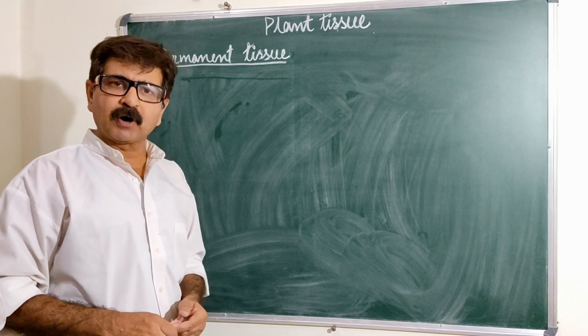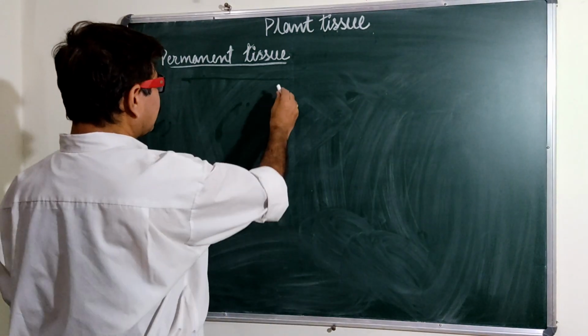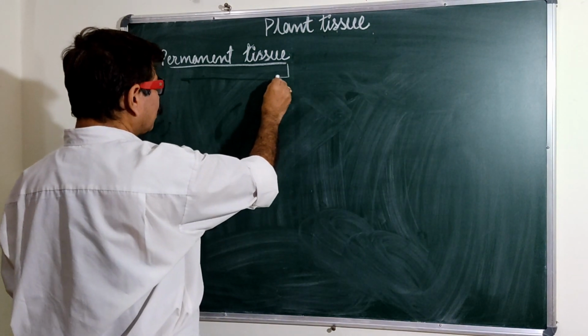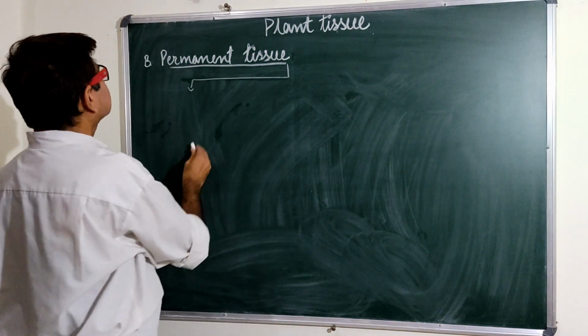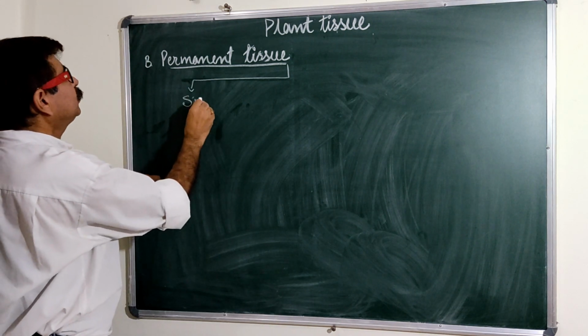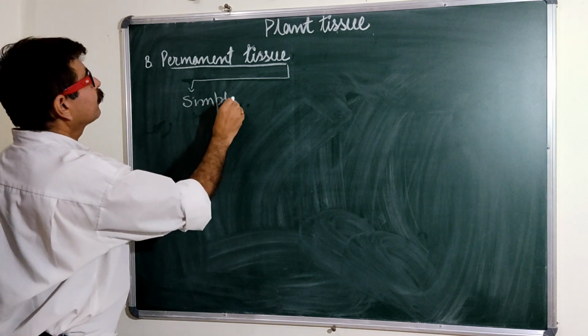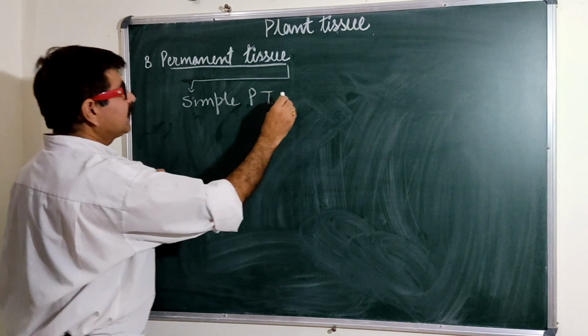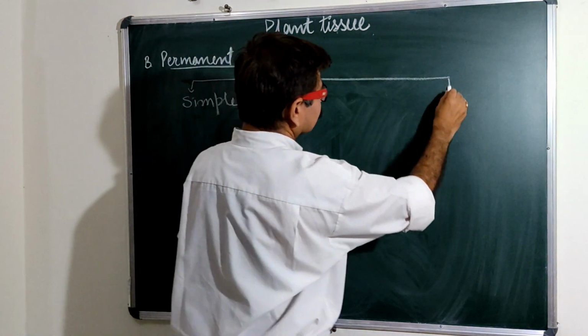On the basis of complexity, permanent tissue is divided into two types. One is simple permanent tissue and another is complex permanent tissue.